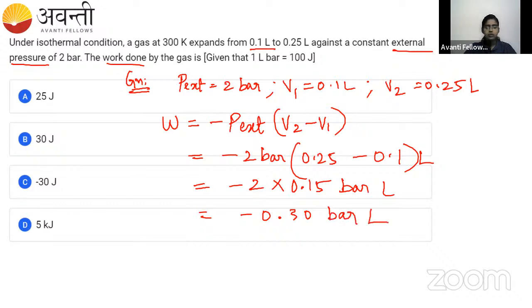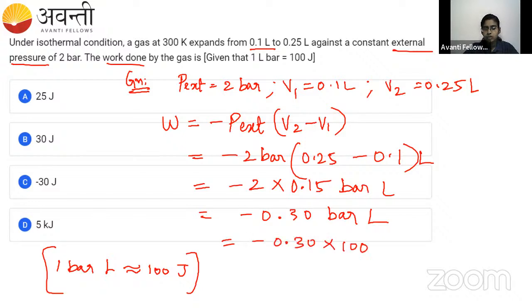Okay, so here we have to represent the answer in terms of joules, because in all the options it is given in terms of joules. So we know that 1 bar liter is approximately equal to 100 joule. So I can multiply this number by 100.